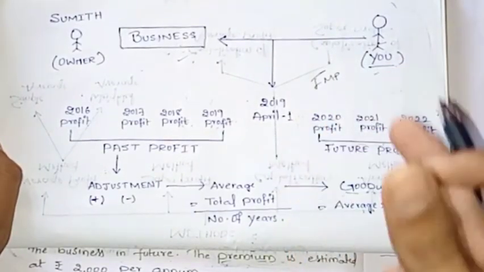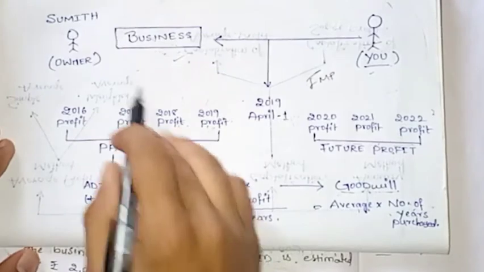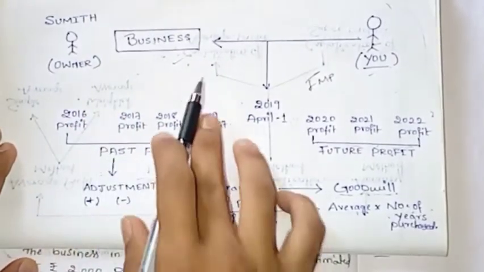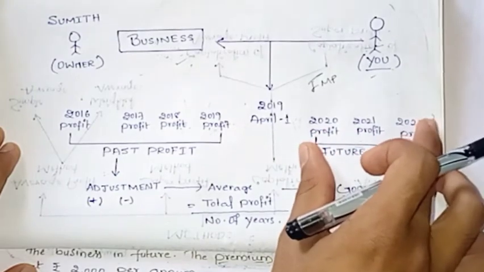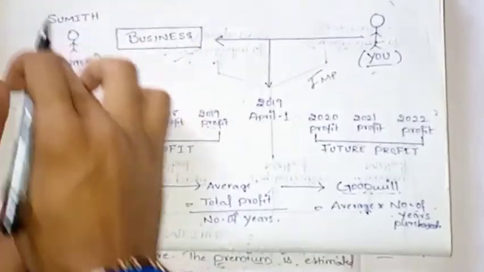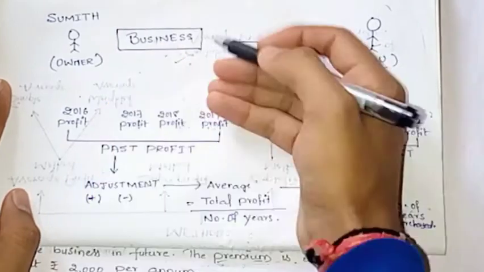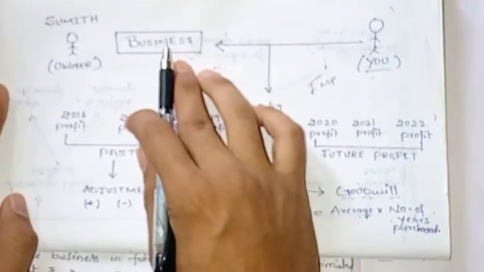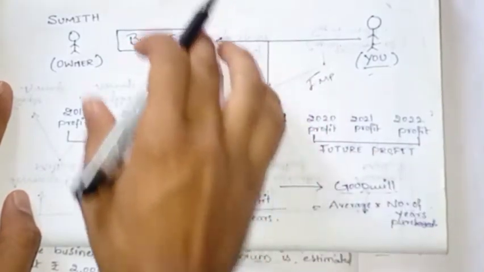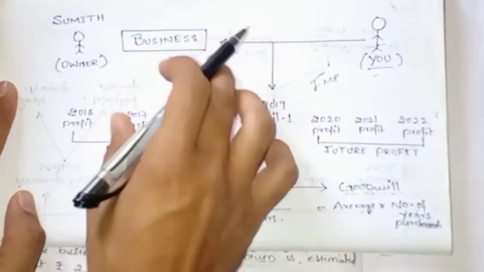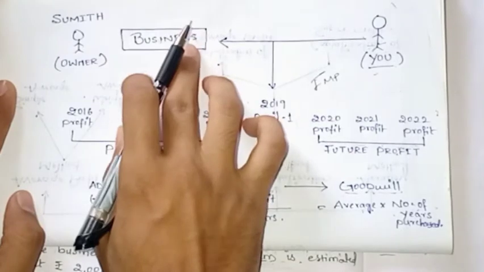Because it was a very profitable business in the past, there is a huge chance it will earn in the future too. And he has put so much effort into this business. He built its reputation, made its recognition in the market, made a good customer base, and many more things.